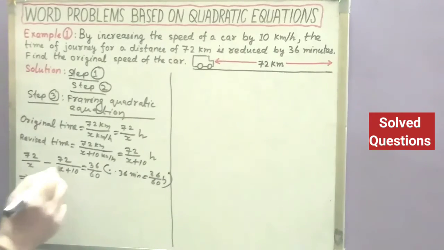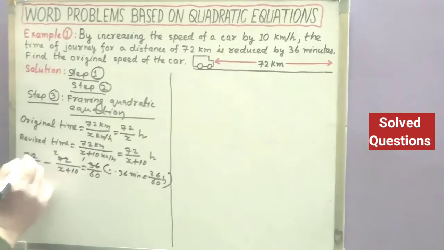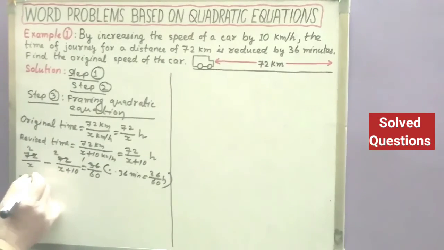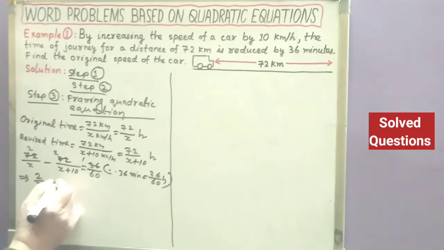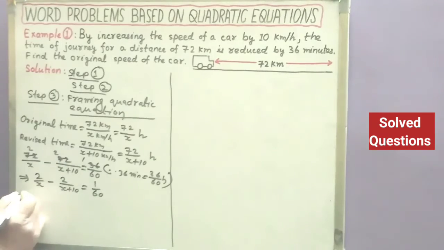That implies that 2 upon x minus 2 upon x plus 10 equals 1 upon 60.